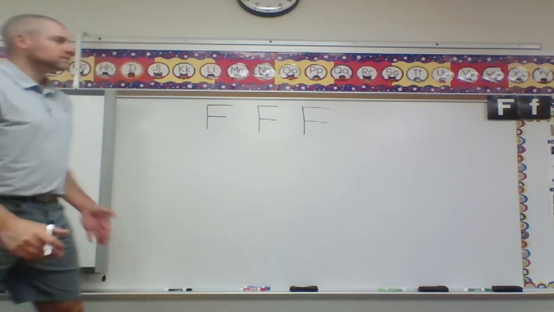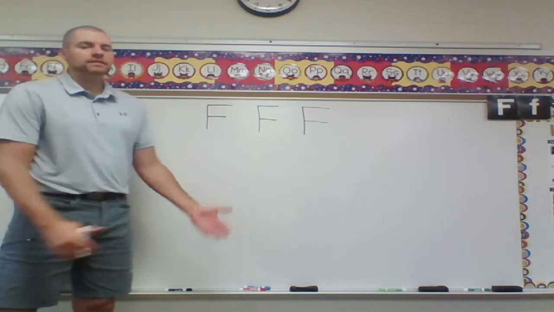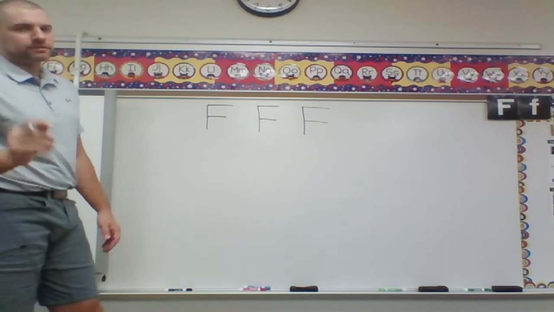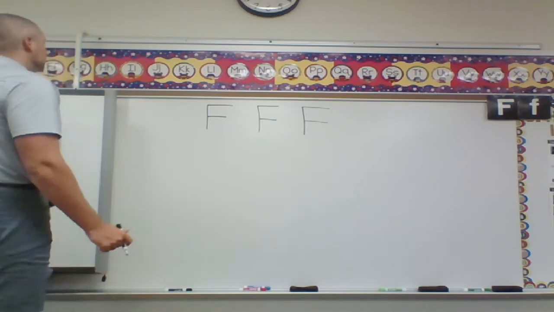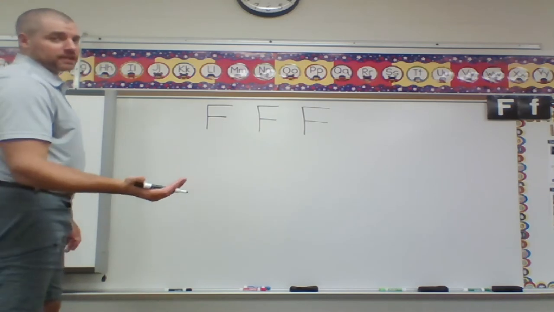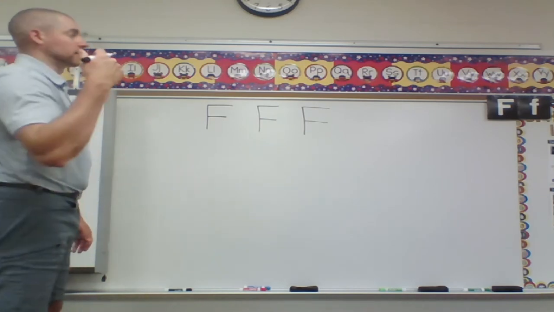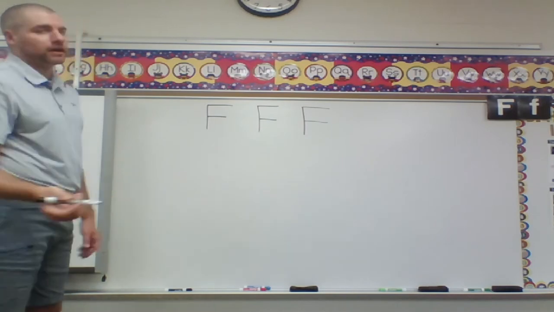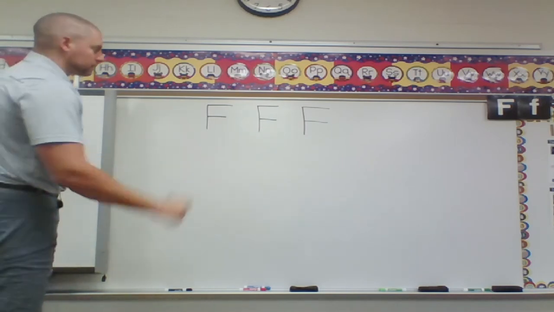Okay? Now let's talk about lowercase f. Lowercase f looks a lot like the capital F, but it's a little different too. Now, we've been talking about this at school, and lowercase f is one of our tall lowercase letters. So it is going to touch the top and bottom when you do it on your paper.